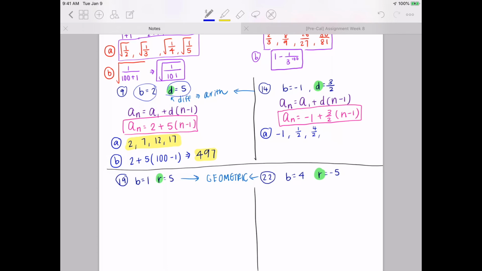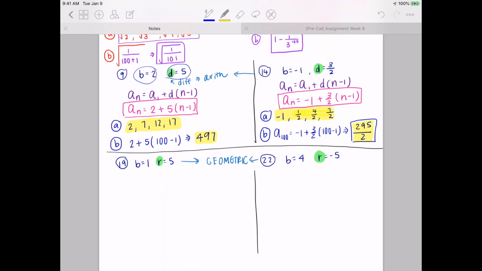Add another 3/2 to it, this is going to be 7 over 2. So if you want to, you can leave your answer like this. And then for part B, we're going to substitute in, I want the 100th term, so I'm going to put 100 minus 1. Okay, you would get 295 over 2. So these are your answers, and this is your answer as well.